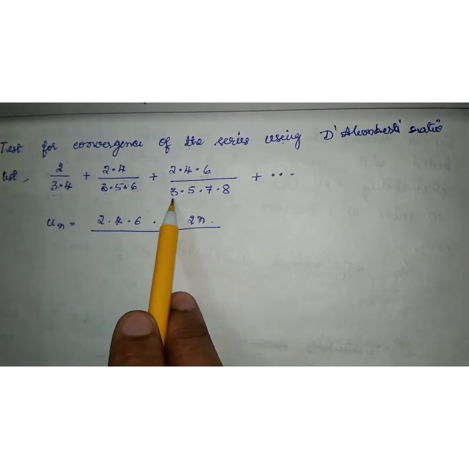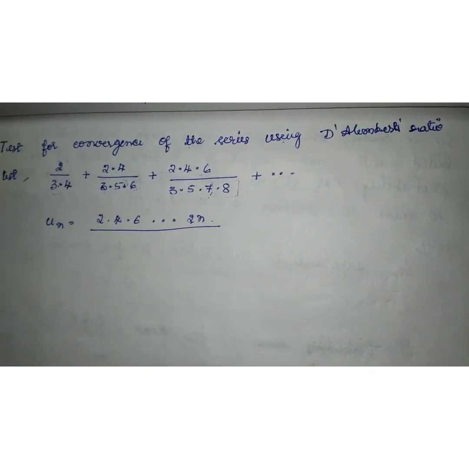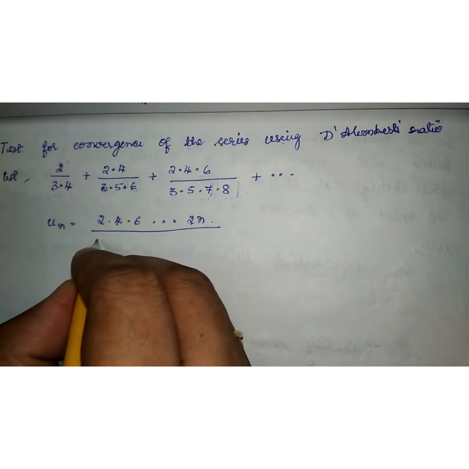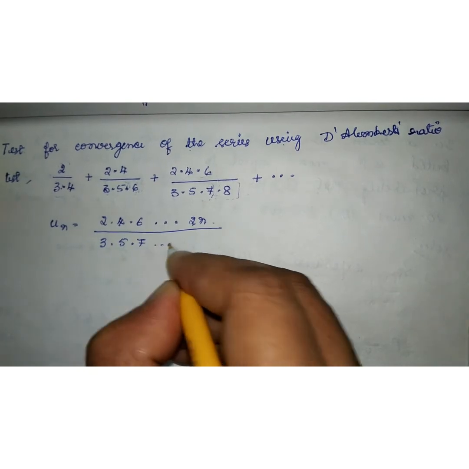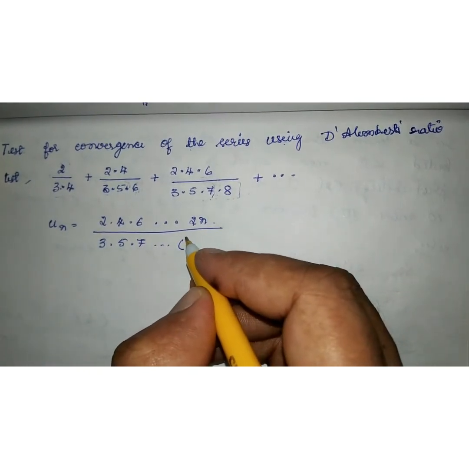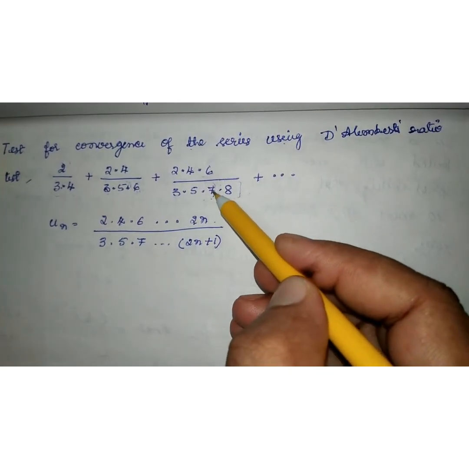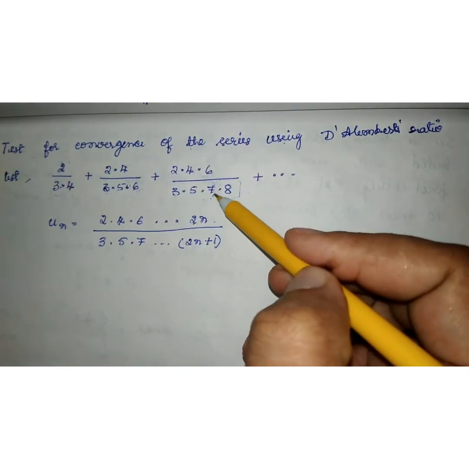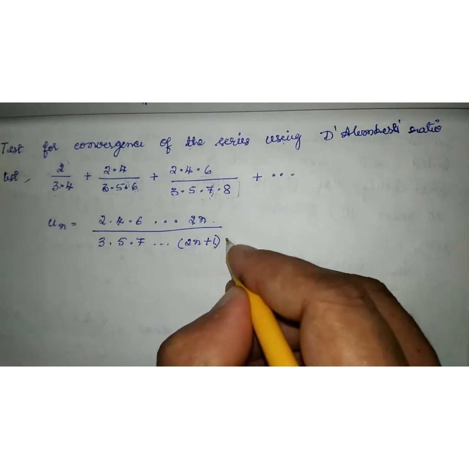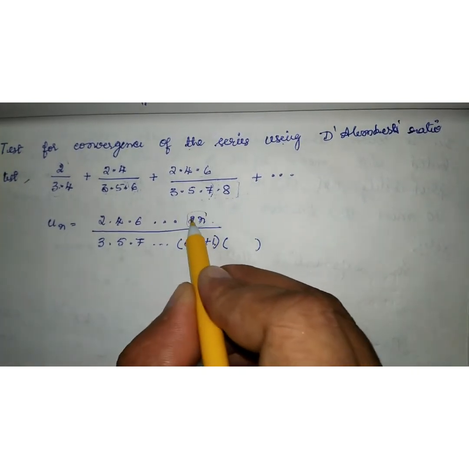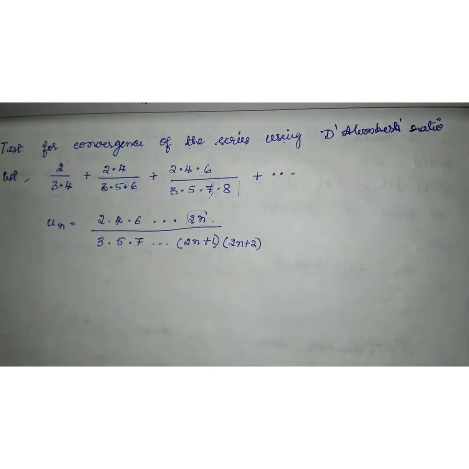In the third term, it is the first three odd numbers and the next even number. So we write 3 into 5 into 7 into etcetera, up to 2n plus 1, since if 2n is even then 2n plus 1 is odd. And 2n is the even number, so the next even number is 2n plus 2.